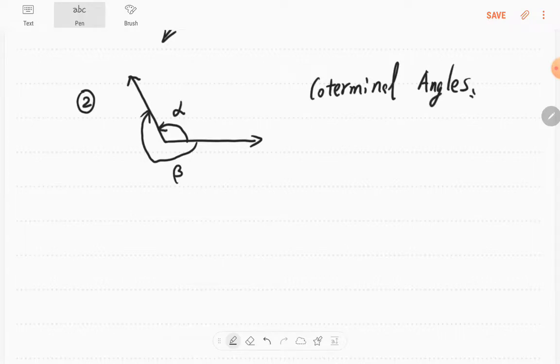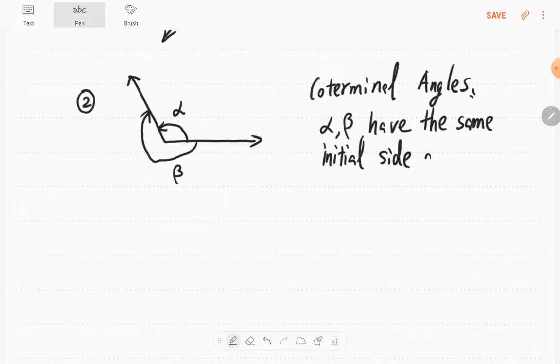Coterminal angles means two angles, alpha and beta, have the same initial side and the same terminal side.